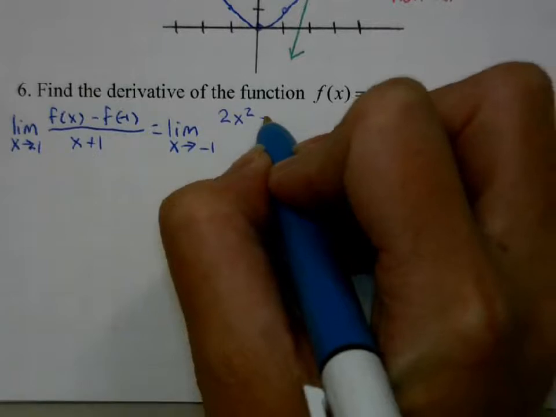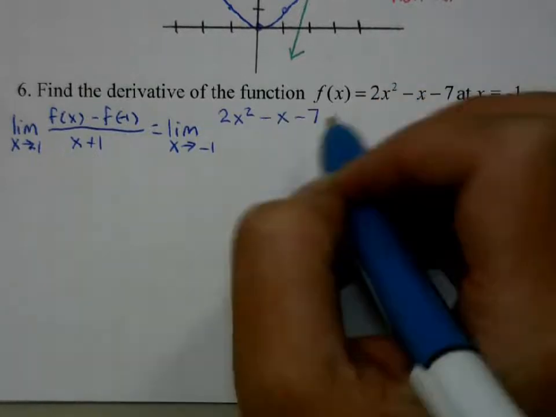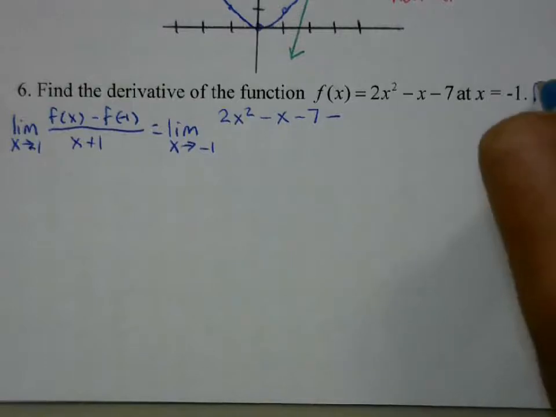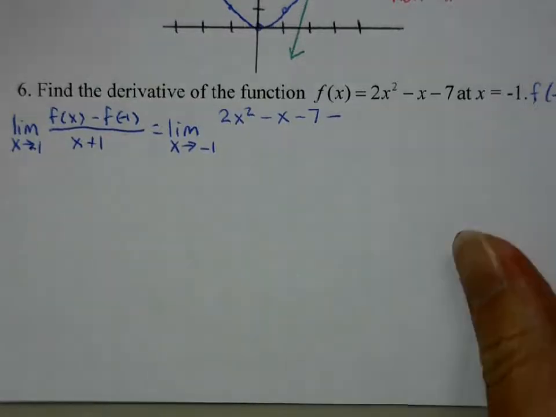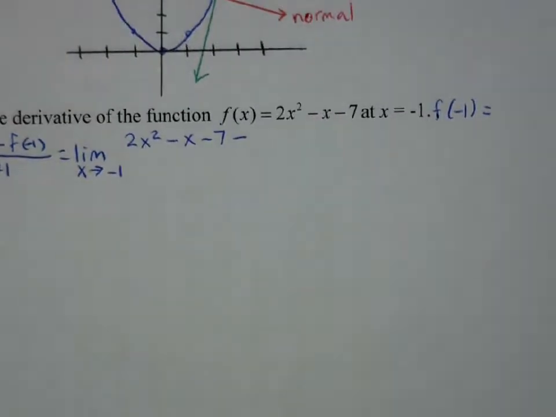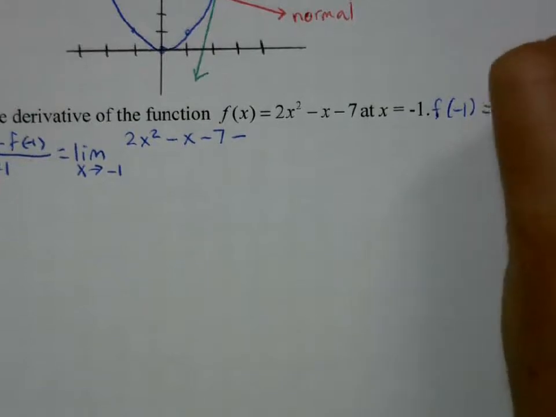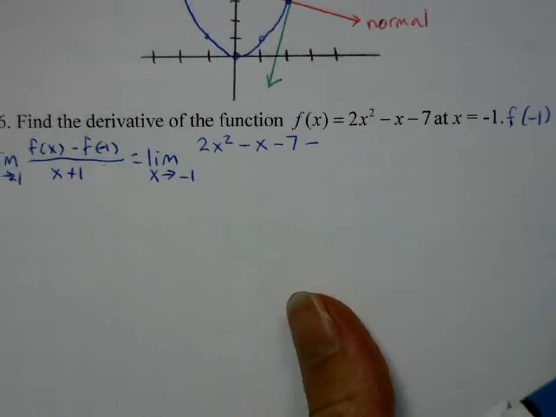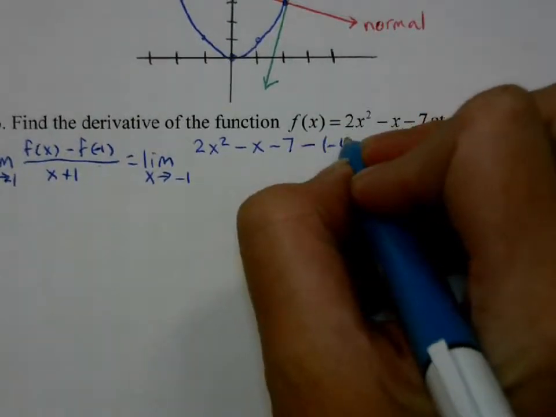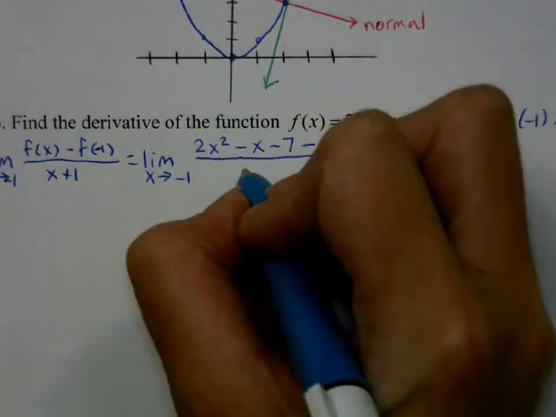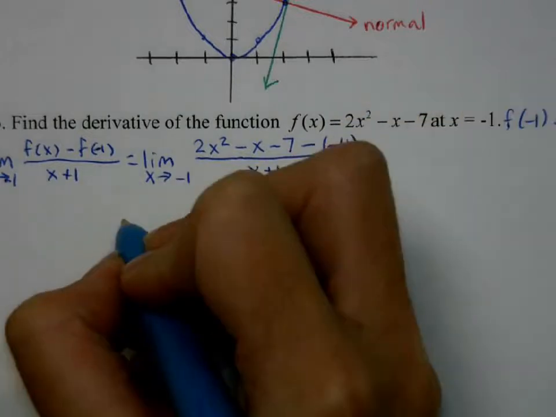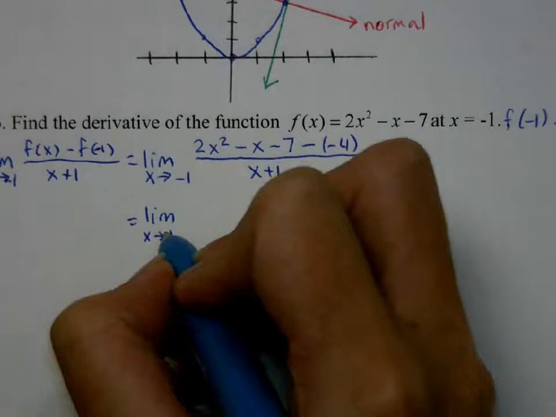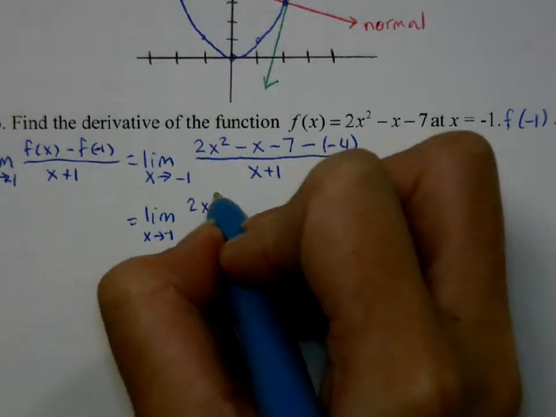If I plug negative 1 in here, okay, and I know you guys know how to do that, so I'll just tell you it is negative 4. So minus negative 4 over x plus 1. And we just sort through the algebra of this. 2x squared minus x minus 7 minus a negative 4 is a negative 3.